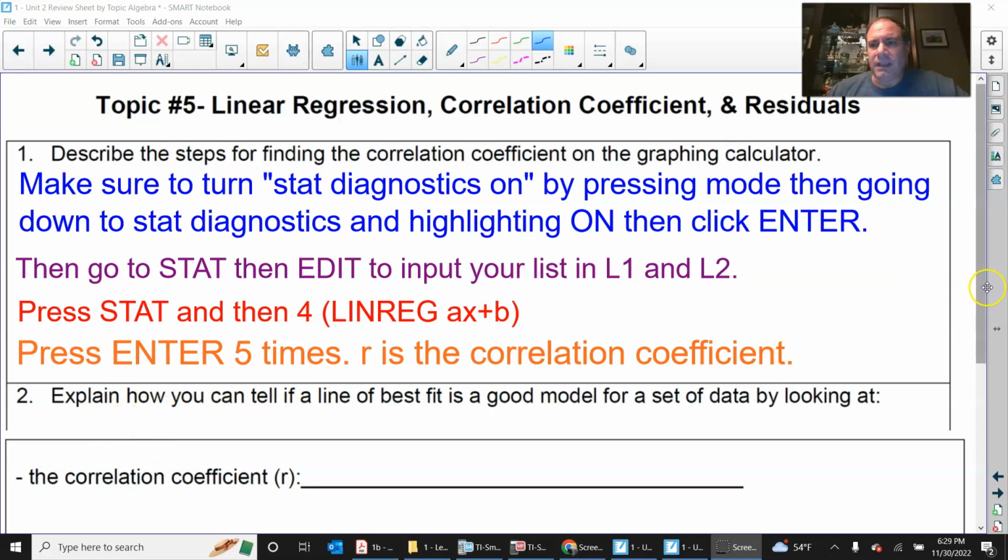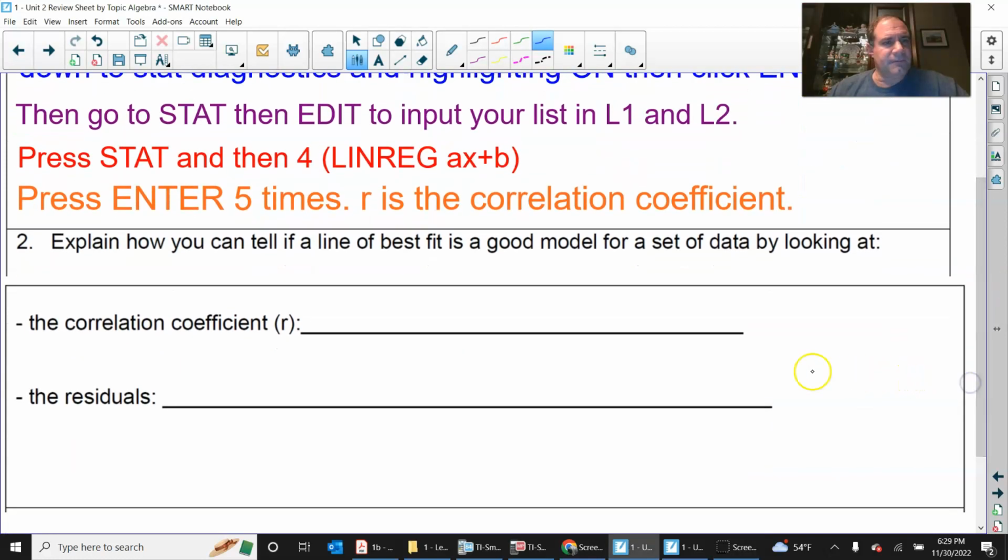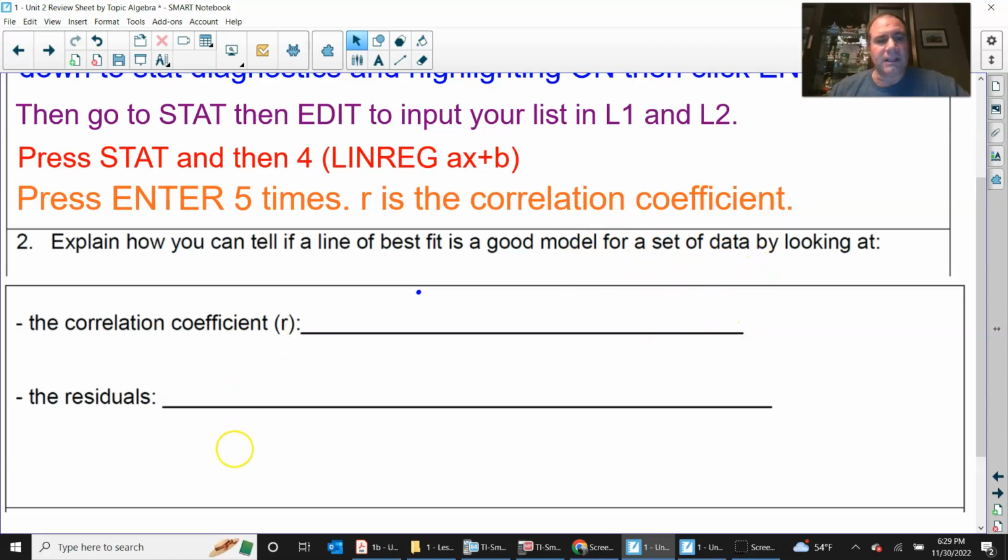Explain how you can tell if a line of best fit is a good model for a set of data, just by looking at it.